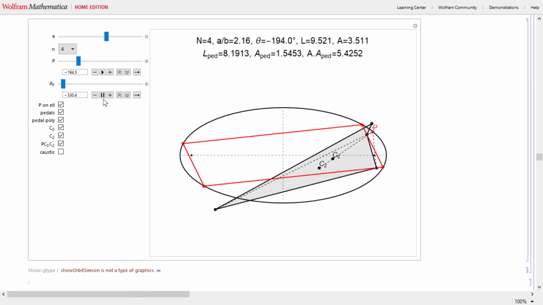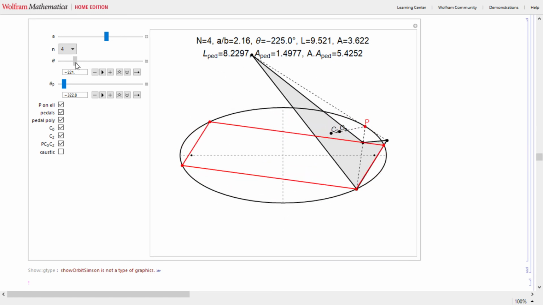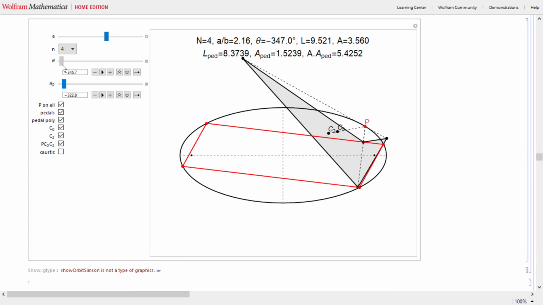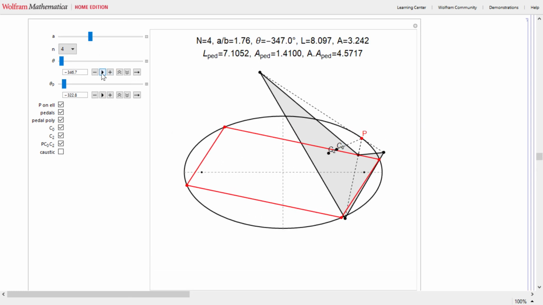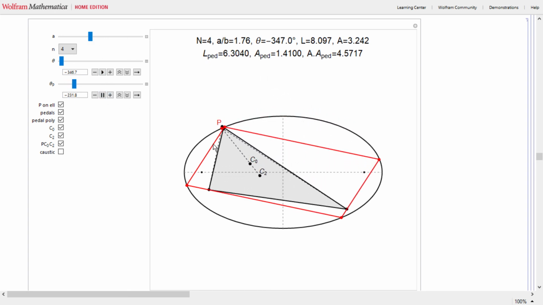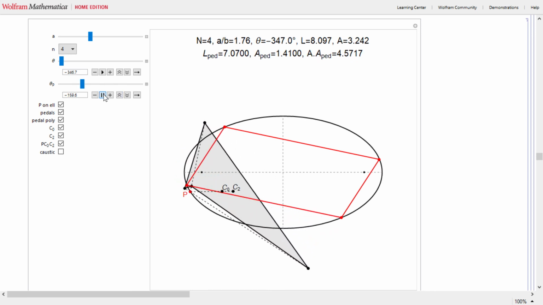If I vary my polygon, I take it over here. Of course, the collinearity is maintained. I go to a different value of invariant area over P. I can change A as well, make this ellipse less eccentric. And as I now vary my position of P, the invariance of the area is maintained.